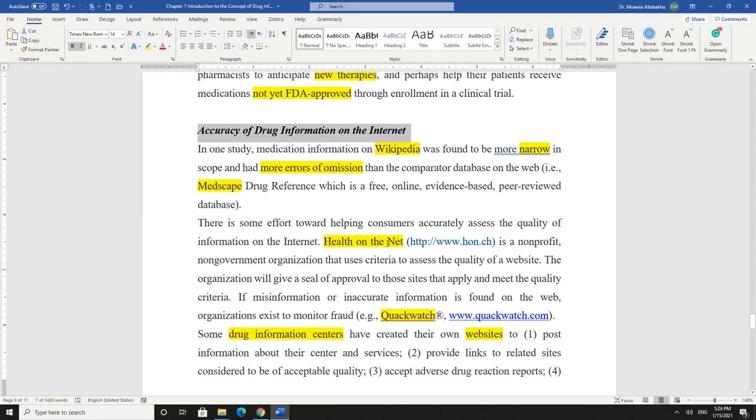They will assess the website, and if they approve Ragad's or Yara's website, then Yara or Ragad can put the Health on the Net logo on it. Then anyone who goes to the site and sees Health on the Net knows this is an approved website and contains good, accurate information. Okay. Now does this mean that anything that does not have the Health on the Net logo is bad? Let's go to Health on the Net and I'll show you.